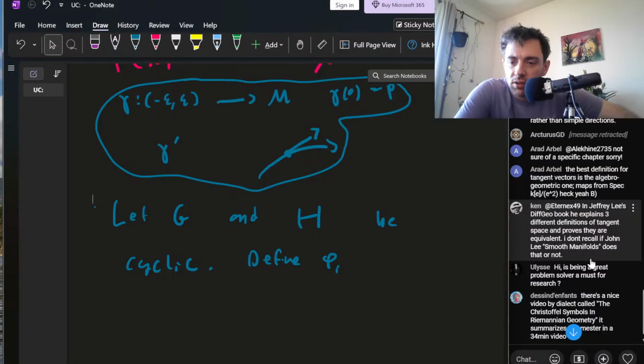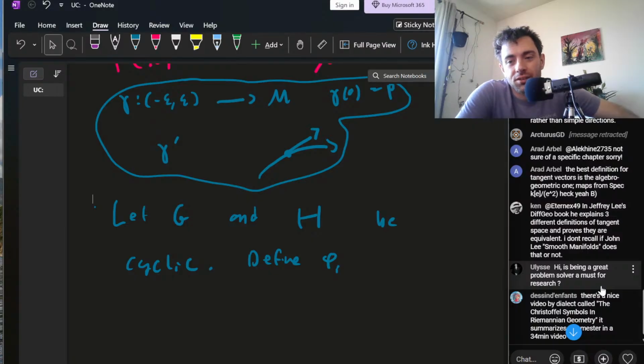explains some of it. Is a great problem solver a must for a researcher? I guess it depends what you mean by a problem solver. If you mean Math Olympiad, most people say no. I guess I would say no as well. Clearly, there are lots of award-winning mathematicians that aren't Math Olympiad people.